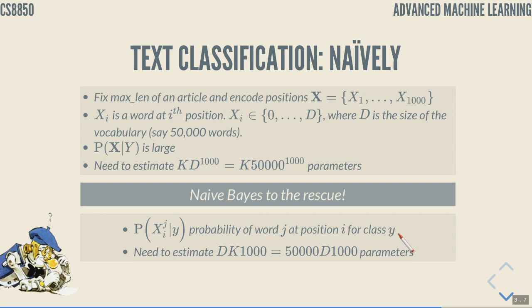And I'm now overloading that j symbol. It's not the sample anymore. j now is one of the words in the vocabulary. So if our vocabulary is 50,000 words, we need to estimate 50,000 times k times 1,000 parameters for naive Bayes.